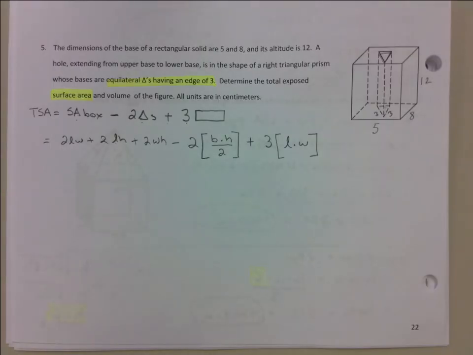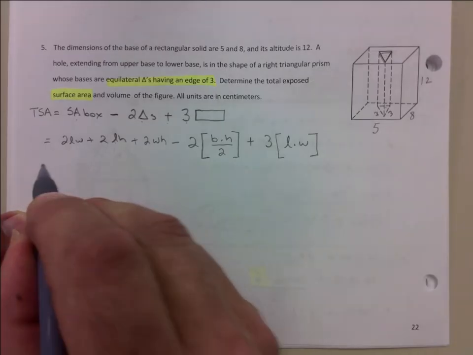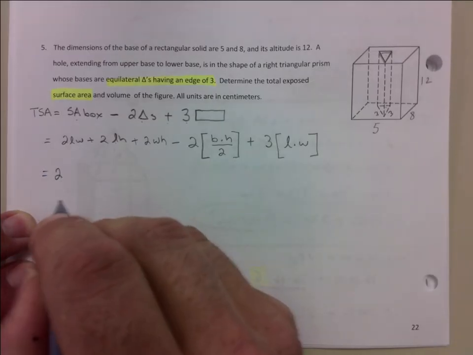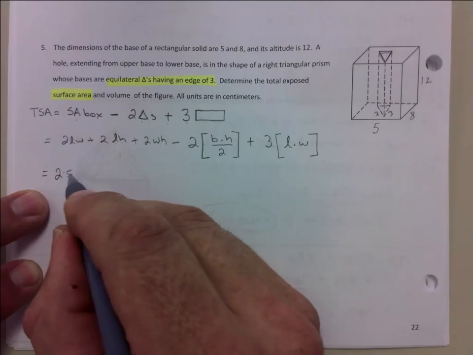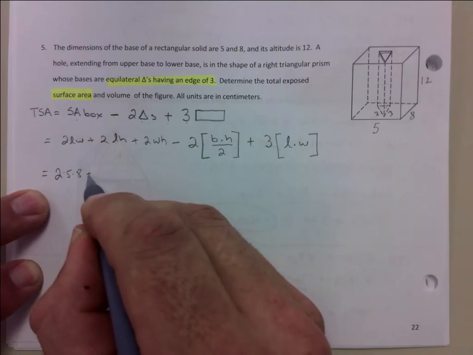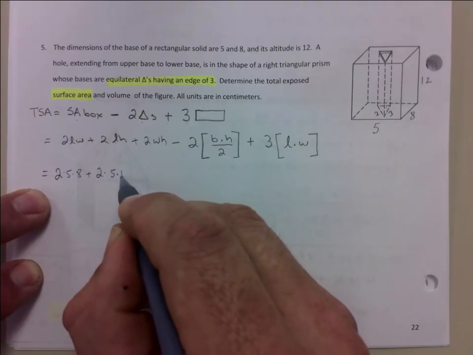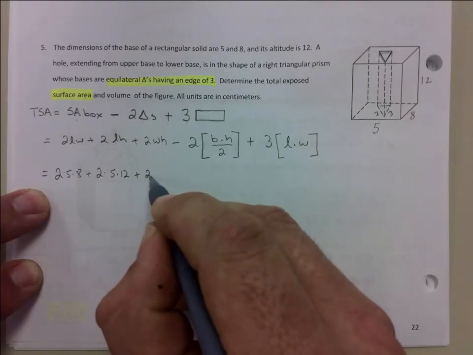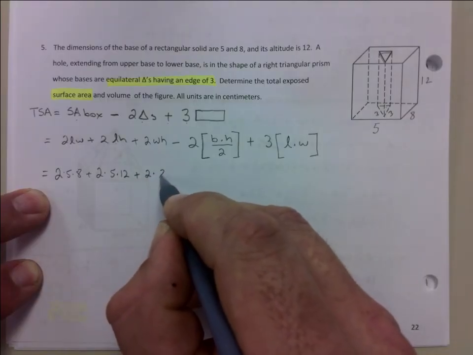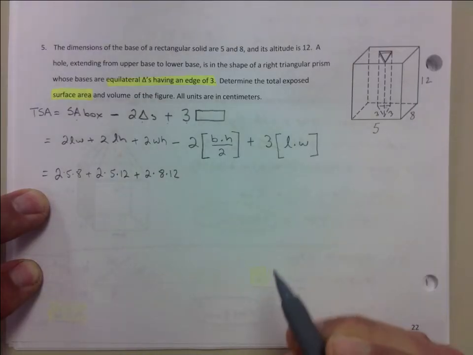There we have it. And now let's plug in some numbers. 2 times 5 times 8 plus 2 times 5 times 12 plus 2 times 8 times 12.